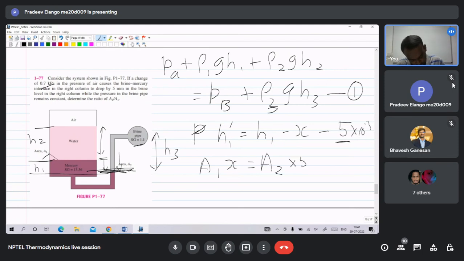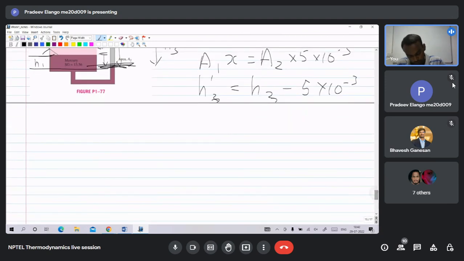So H1 prime is H1 minus X minus 5 into 10 power minus 3, and H2 prime is given by H2, minus 5 into 10 power minus 3, just because we are taking a datum, this is H3. We are taking a datum which will reduce this column by 5 mm.